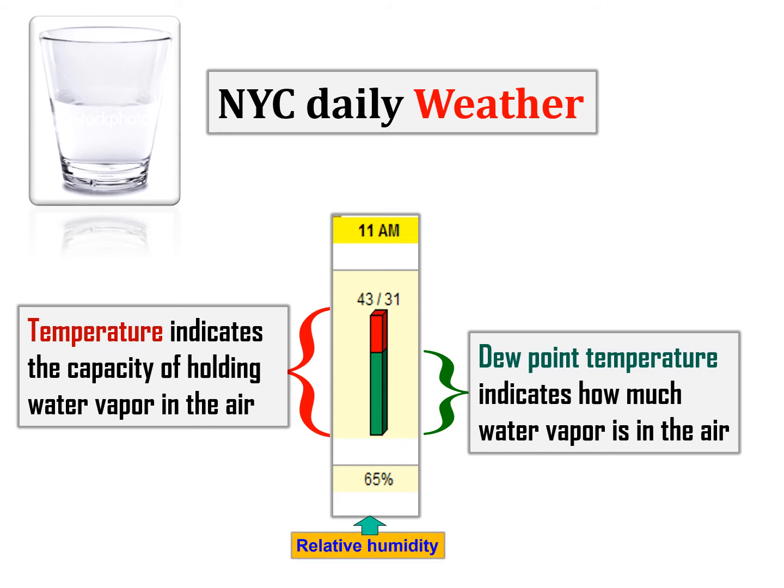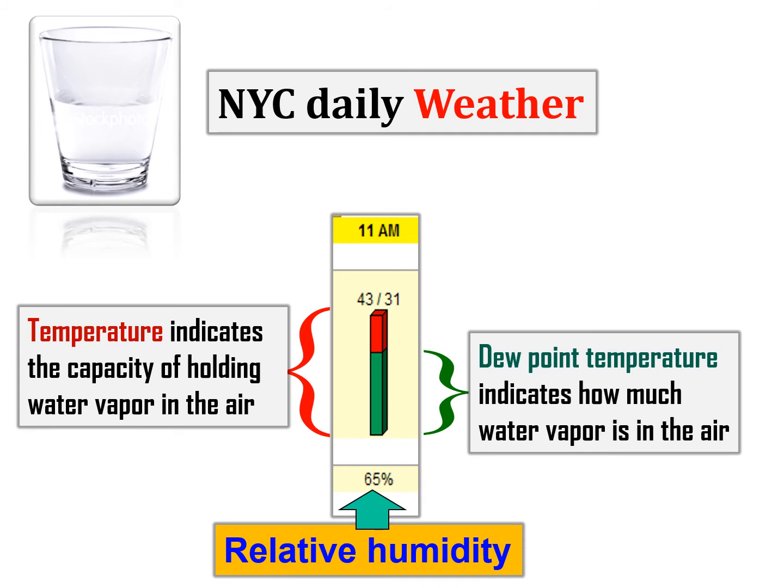Relative humidity is the relation between dew point temperature and temperature. If temperature equals dew point temperature, the glass is full of water, relative humidity is 100%, very humid. If dew point temperature is low and temperature is high, it is very dry and relative humidity is very low.